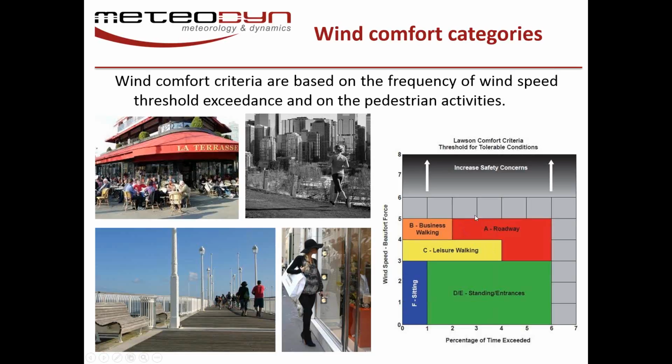It remains comfortable if the percentage is between 2 and 6 for wind speed between 3 to 5 on the Beaufort scale. So you can see on this picture, if you want to assess the comfort, you need to know the wind speed, you need to know the time of exceeding this wind speed, and you have to know the activity of the pedestrian.